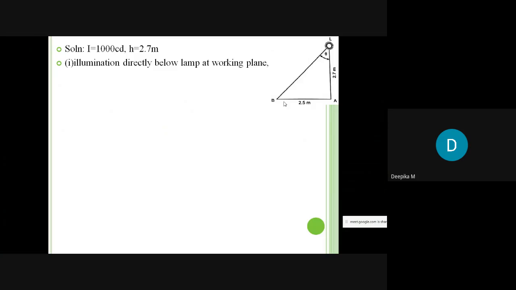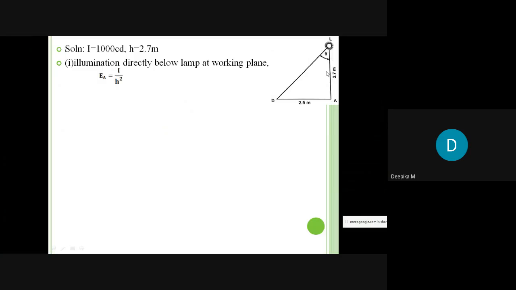So let us list the data. The illumination directly below the lamp at the working plane, which is EA, is again I by h square into cos theta. But now the angle here is 90 degrees, so cos of 90 minus 90, or cos theta, is cos 0, that is the angle between the normal and the light ray. You can see here the light ray and the normal are parallel to each other. So the angle between the normal drawn at this point and the light beam is 0 degrees, because the normal is the same as the light beam.